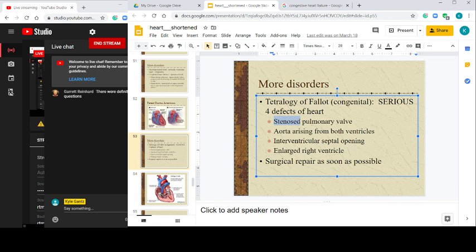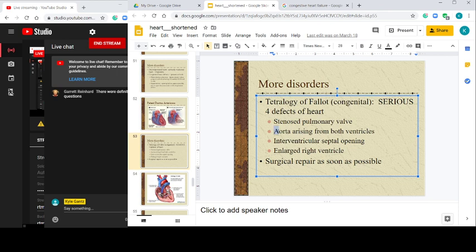Okay, that's going to affect how much blood is going to be able to pass through that. All right, it's going to affect how hard the ventricle has to work to pump blood out of a smaller opening. Okay, so that's one issue. The pulmonary valve, the pulmonary semilunar valve, is smaller than it should be. Okay?